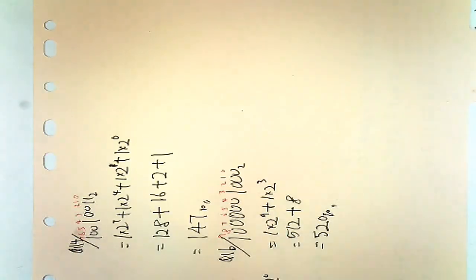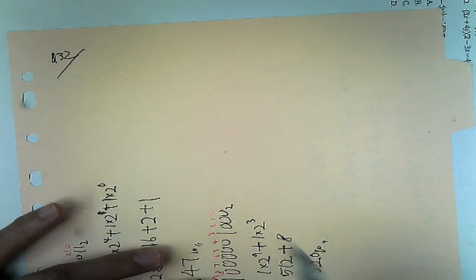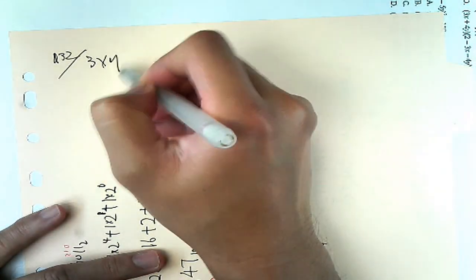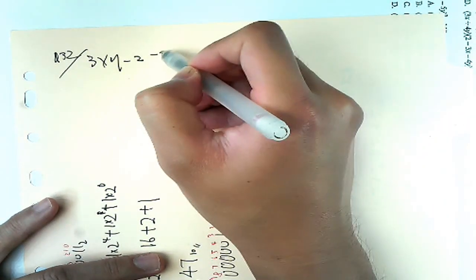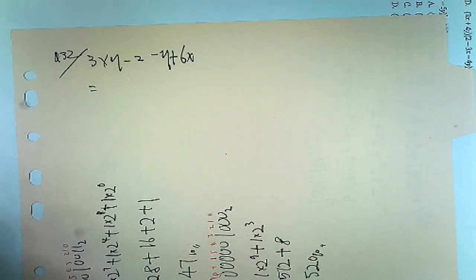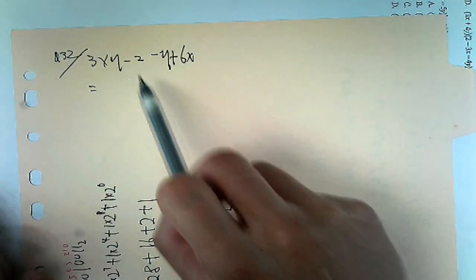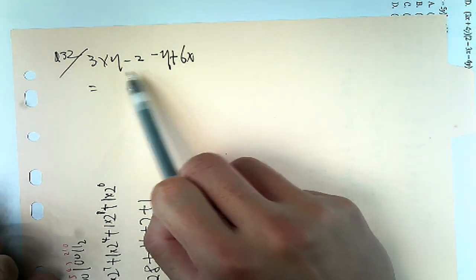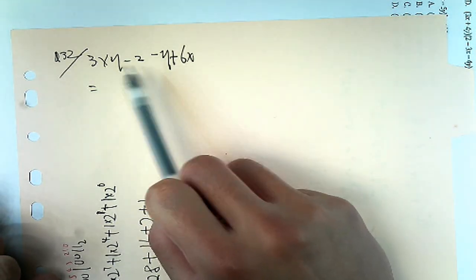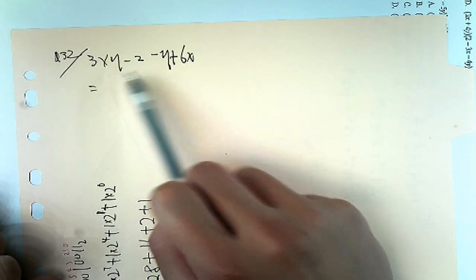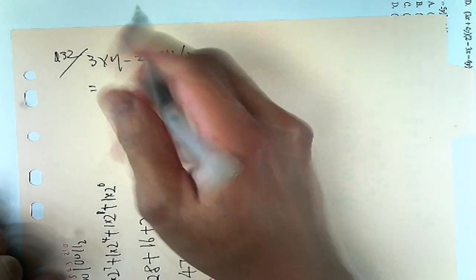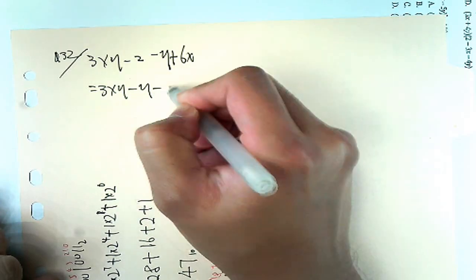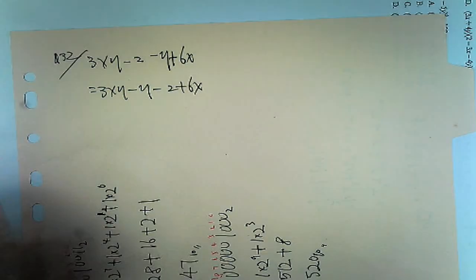So I'll do two more. Okay, go to 32, 3xy - 2 and then - y + 6x. Okay, so actually here for the first two terms you cannot pull out anything, right? So in this case you can just group the first term with the third term, right? Understand? So you change the order of these two terms first. Like this.